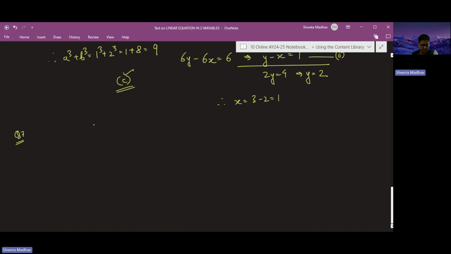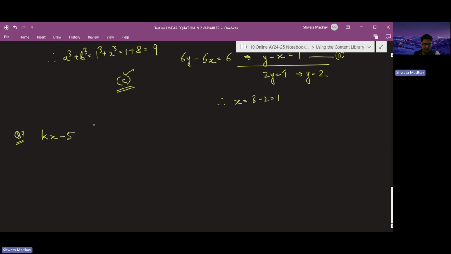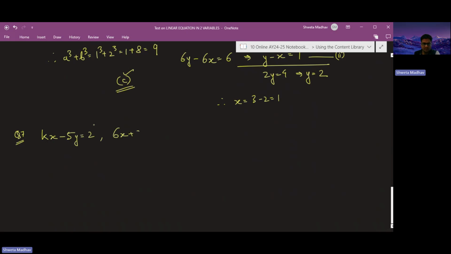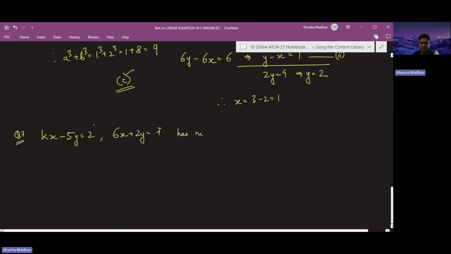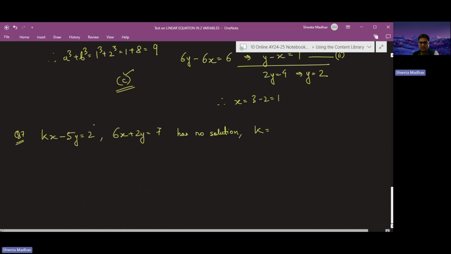Then in question number 7, it has been told that if the system ax minus 5y equals 2 and 6x plus 2y equals 7 has no solution, then k is equal to what. So this system of equations has no solution, then we need to find the value of k.